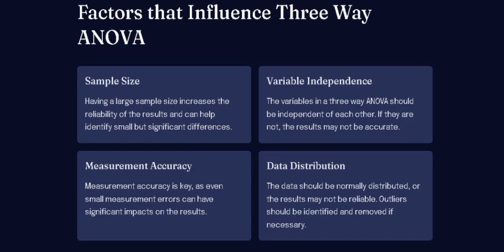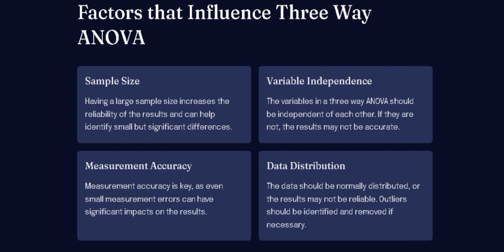So next are the factors that influence three-way ANOVA. For the sample size, having a large sample size increases the reliability of the result and can help identify small but significant differences.